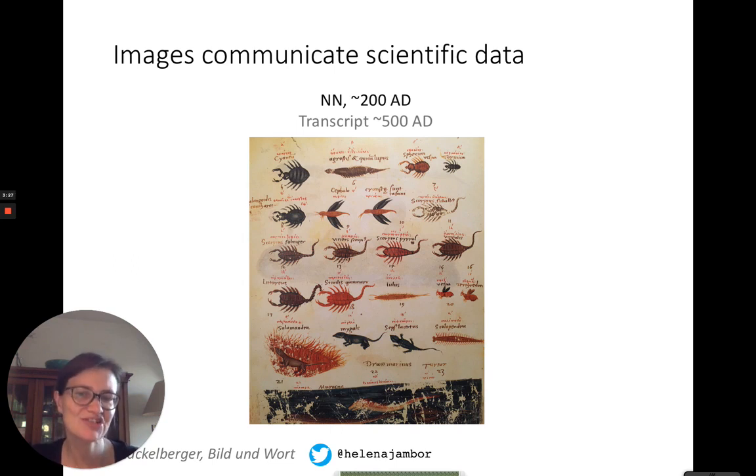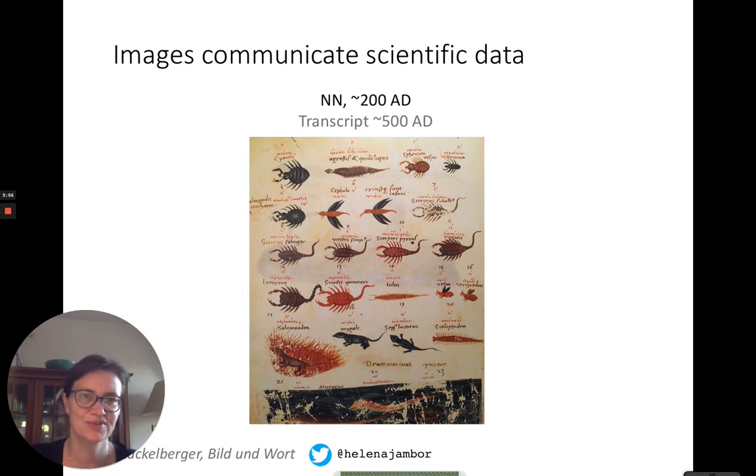What you can appreciate, probably as a bioimaging expert, is that the scorpions are shown in a very stereotypical manner. They all have the anterior towards the left and the posterior towards the right. And they are nicely arranged on the page. They have a good layout. We can get a very good quick overview of which guys we have to watch out for and which ones are maybe harmless.